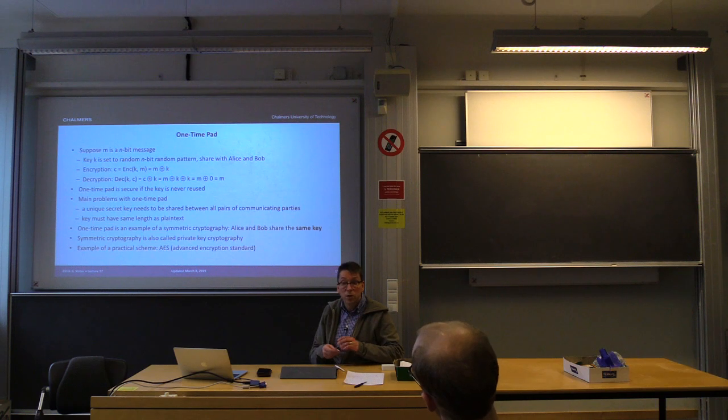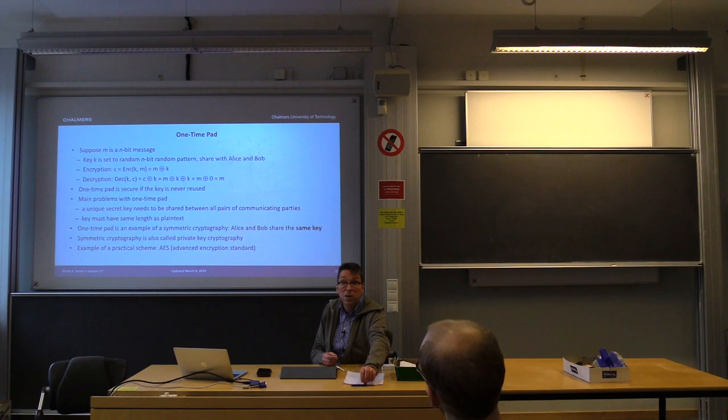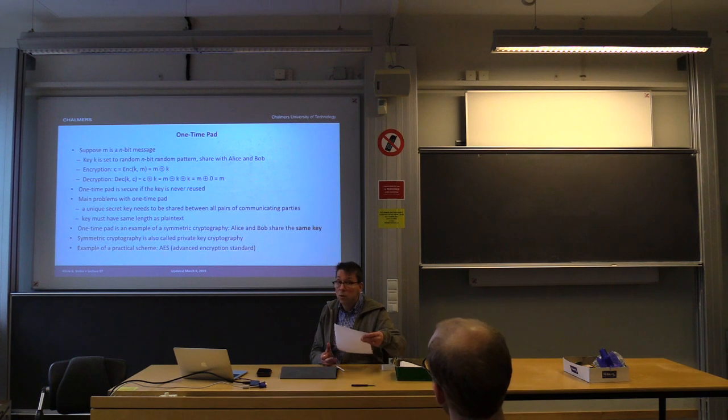The encryption and decryption is super simple. And this is secure if the key is never reused. If you use it twice, there is an attack to figure out parts of the message.